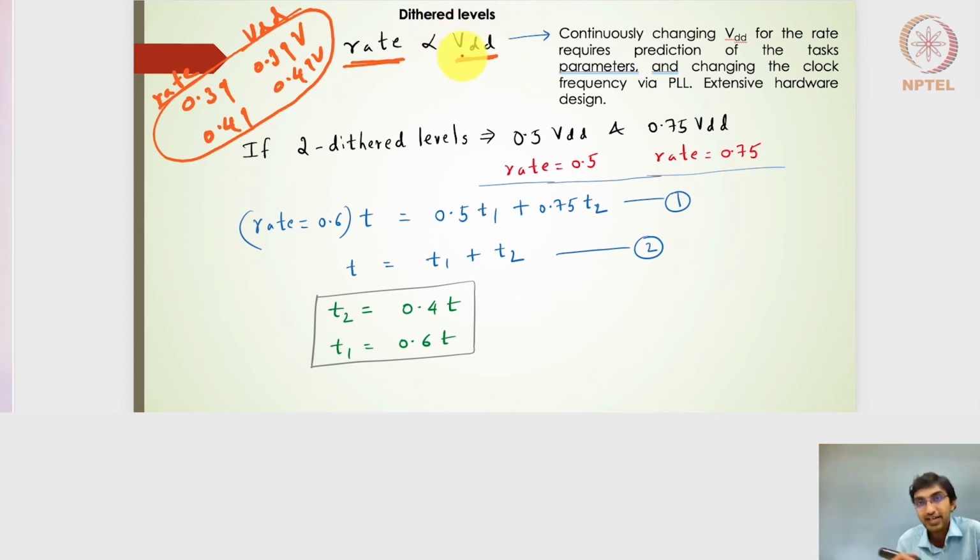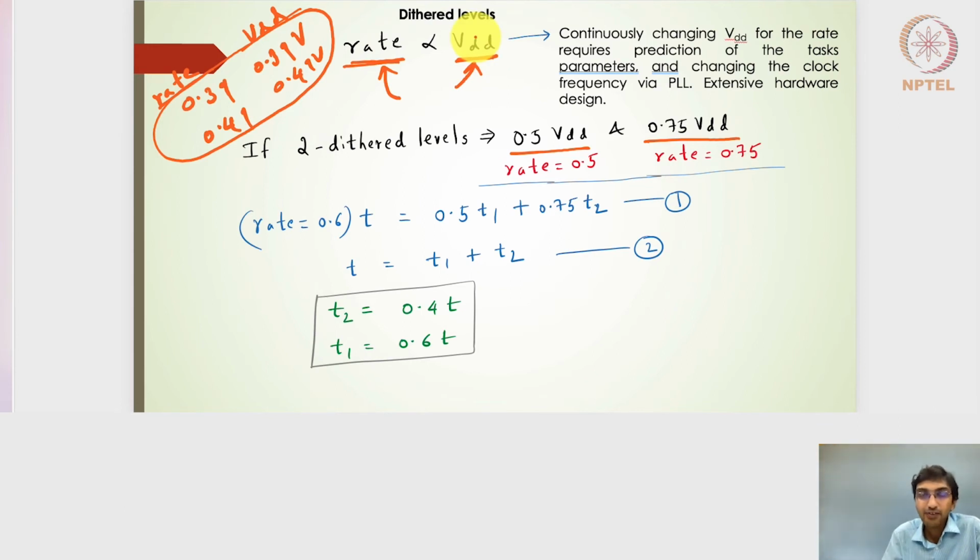What we can do is have some specific rail voltages, 2 or 3 levels of VDDs, 0.5 VDD or 0.75 VDD, or maybe 1 VDD or 1.2 VDD. Very few select VDD rails could be made available, and we can try to accommodate the task completion by using those specific VDD rails and configuring the rate according to the VDD rails that are available.